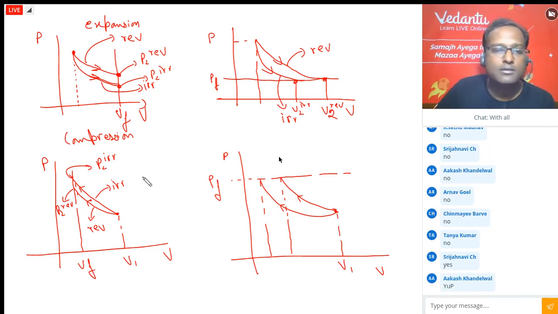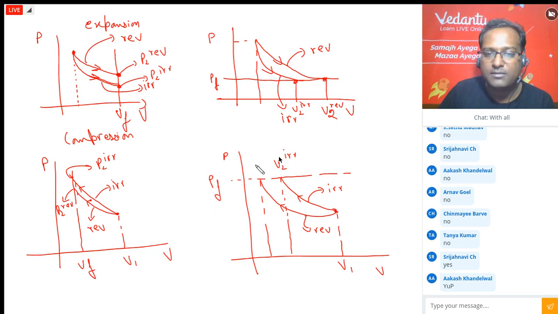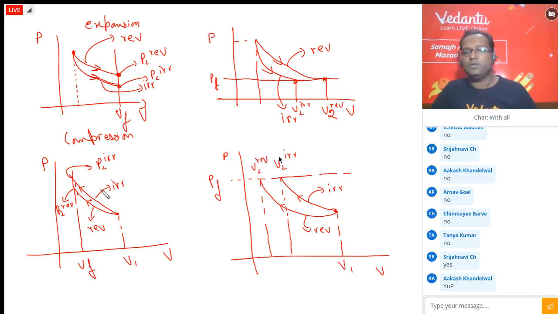Ek minute, no, sorry. PV to the power gamma, so if pressure is higher, then volume will be lower. Yes, volume will be lower. This will be reversible and this will be irreversible. Same logic. V2 irreversible will be this, V2 reversible will be this. If pressure is higher, volume will also be higher.